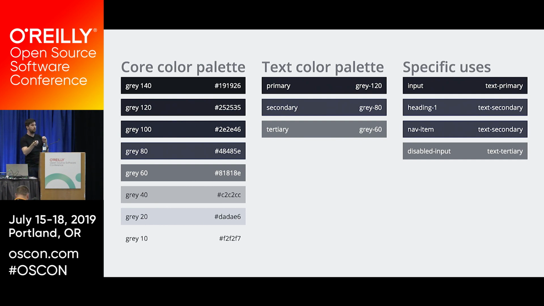Or we could have a more localized change and say, change the tertiary text to gray 40 instead of gray 60, for example. So we have these kind of different layers of changes that we could make that affect all of the interfaces in different ways. We could have very broad reaching changes or very hyper-local, hyper-specific changes, like just changing the input text color.